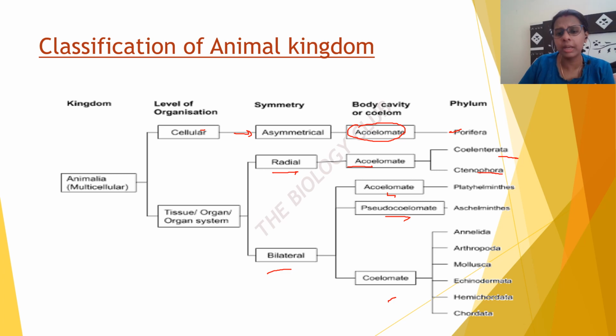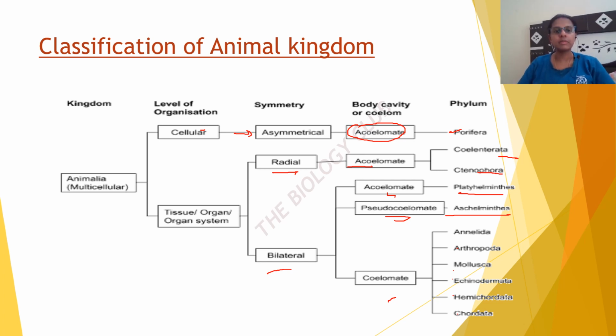Acoelomate is Platyhelminthes, pseudocoelomate is Aschelminthes, then coelomates are Annelida, Arthropoda, Mollusca, Echinodermata, Hemichordata, Chordata. This is what we have learned till now. If you memorize this table, you will get it.